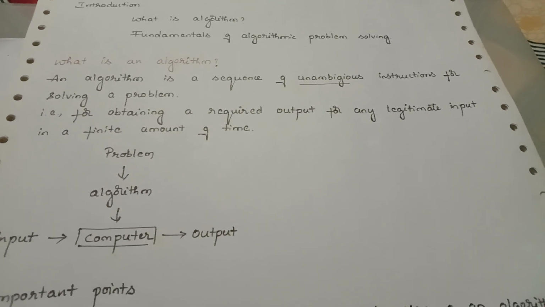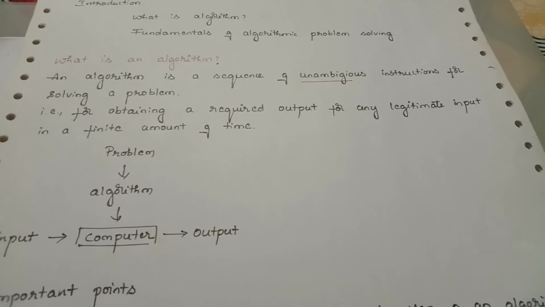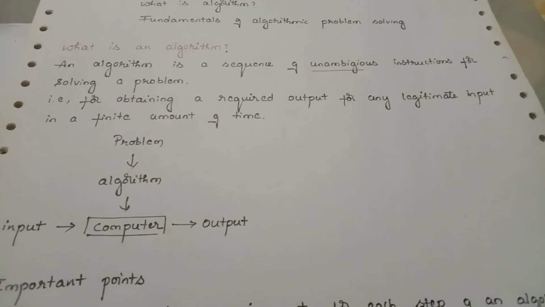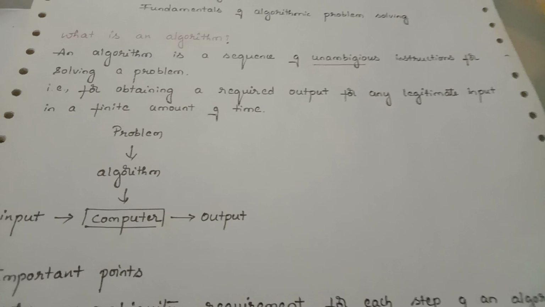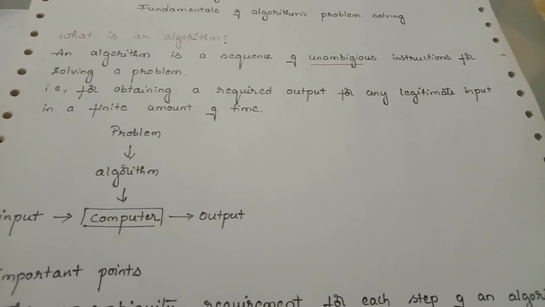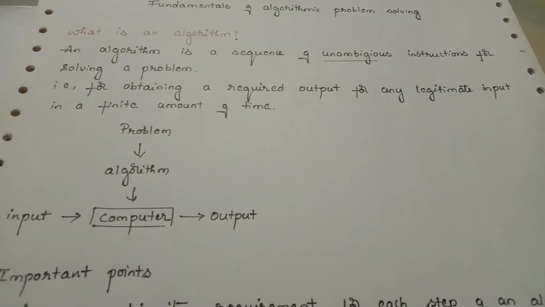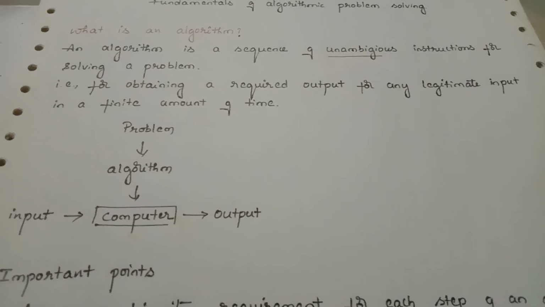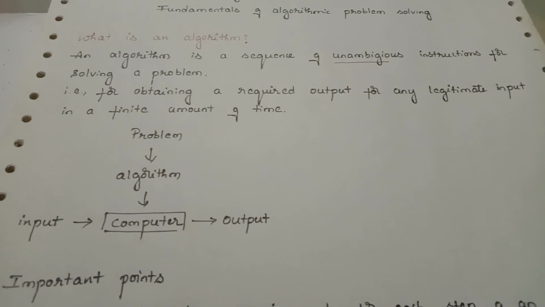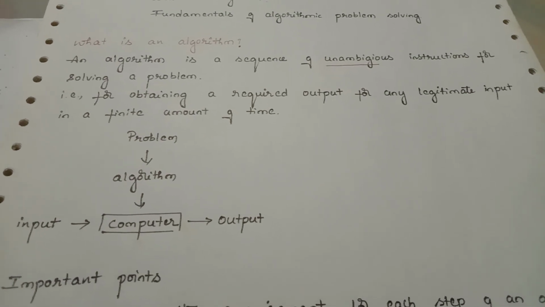Any other kind of numbers, such as fractions, we should not give. So that is the legitimate input. We are adding two integers, so the numbers should be integers. Those integers become the legitimate input that we provide to the algorithm, and it is going to give us the required output, and that is true in a finite amount of time.